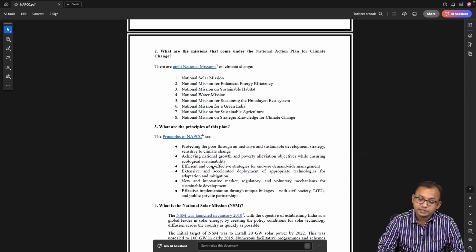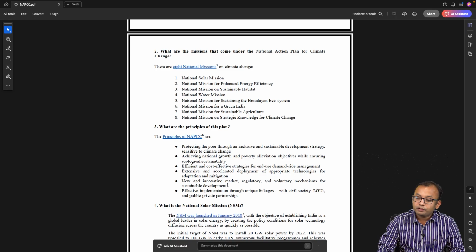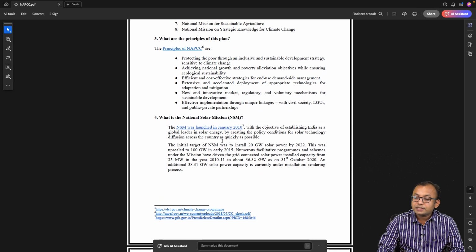Ensuring ecological sustainability, efficient and cost effective strategies for end use demand side management, extensive and accelerated deployment of appropriate technologies for adaptation and mitigation, new and innovative market, regulatory and voluntary mechanisms for sustainable development, and effective implementation through unique linkages with civil society and public private partnerships. So, what is the National Solar Mission?